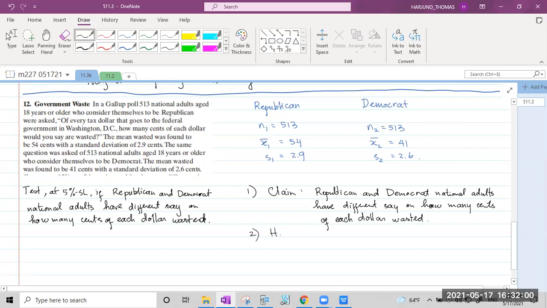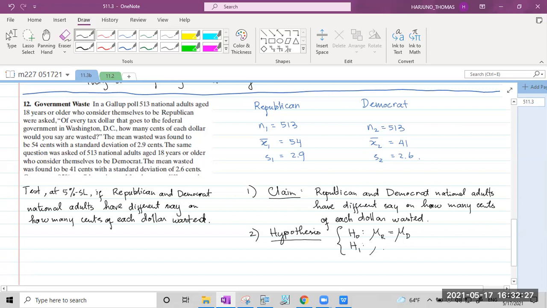Second, hypothesis. So you may say that they have different say for now based on this sample, right? But the thing is, if we really check statistically, are they really different? So the mean for Republican is equal to the mean for Democrat.